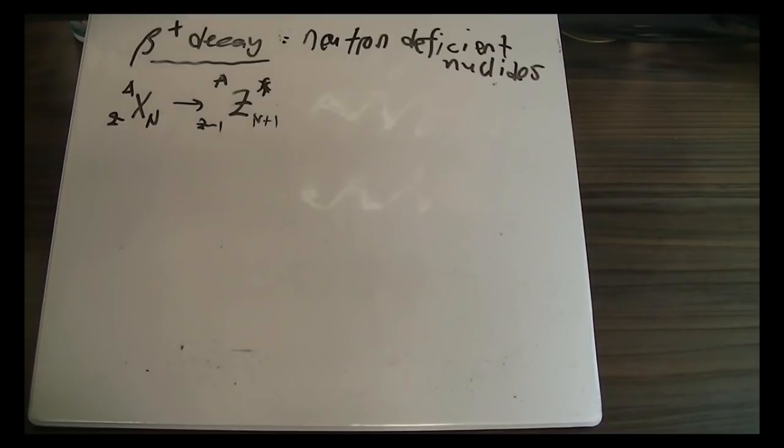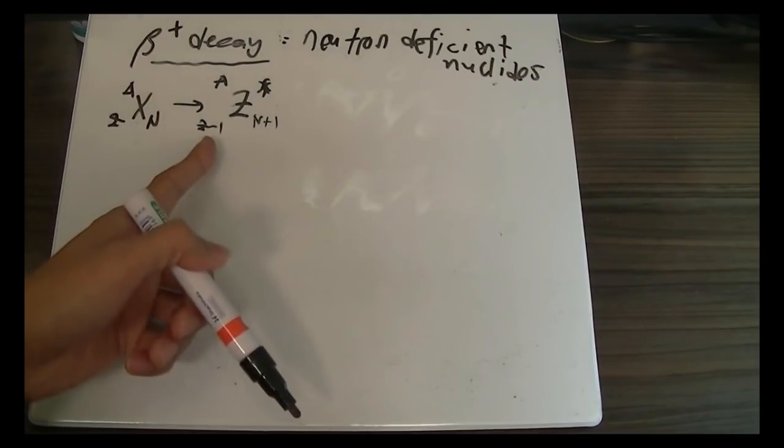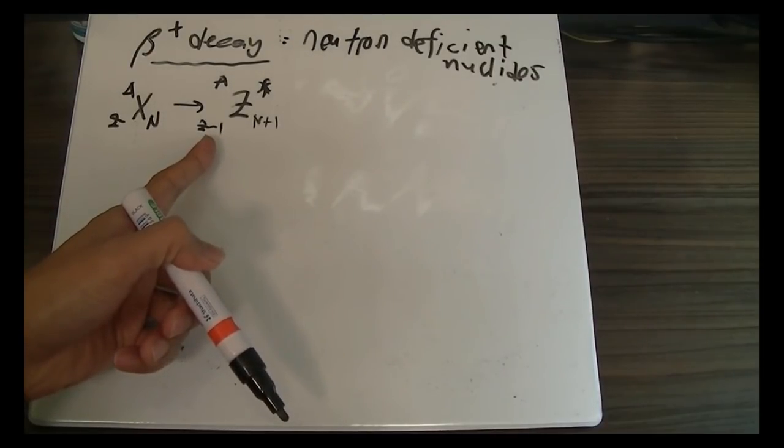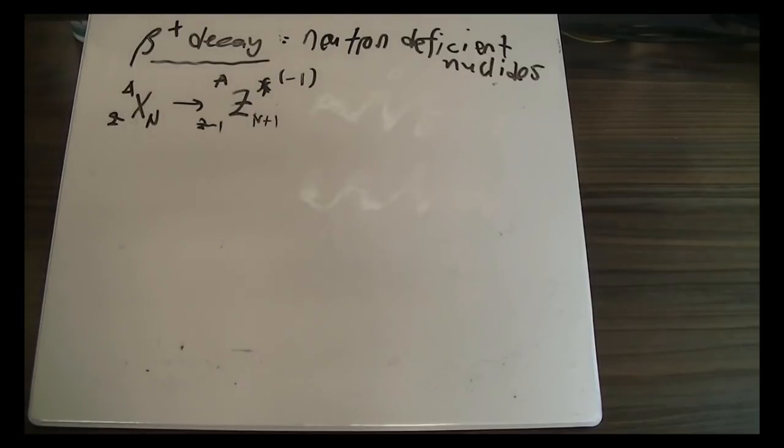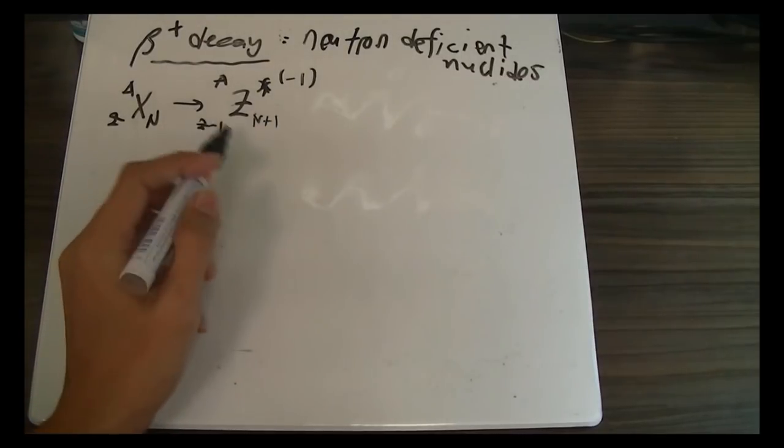The daughter is at an excited state, and because here we lack 1 proton, automatically the atom is negatively charged.